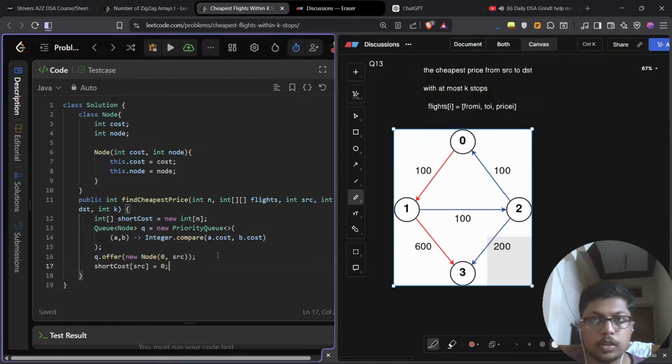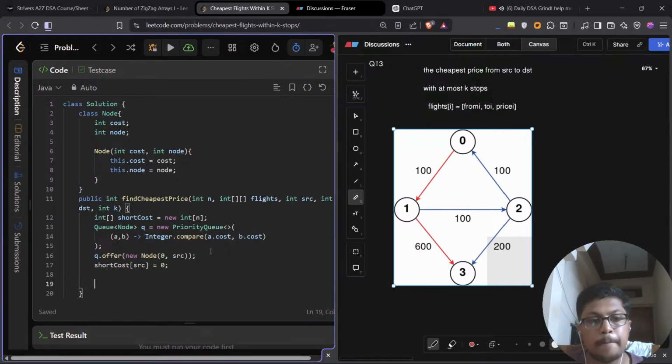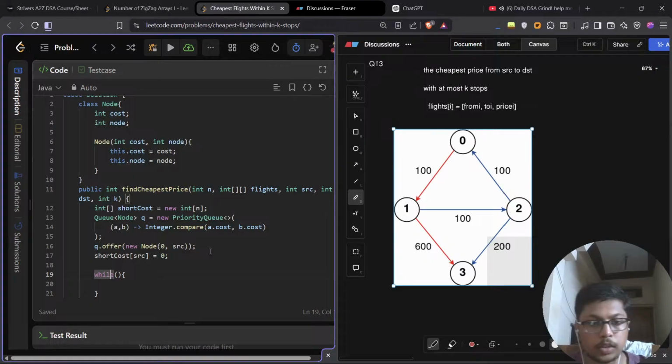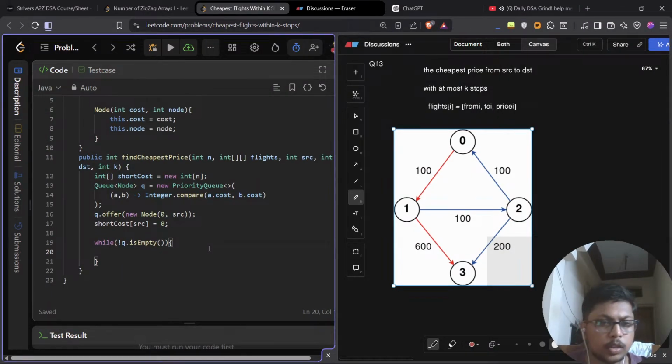Right, we are initially starting from the source. Once we are done with this thing, I think we can write a safe template of if. Now let's try to follow the current one.